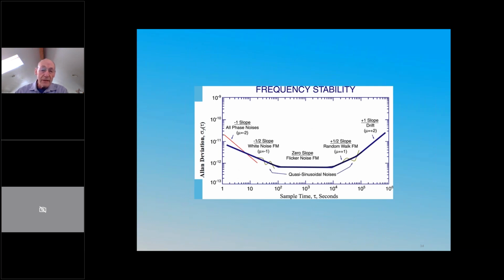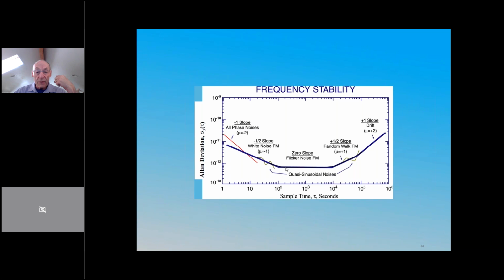So if you take the Allan deviation of noise and plot it on a log-log plot, it turns out that the slope of the Allan deviation gives you the noise type, if the noise is one of these power law spectra. If you've got white FM, the Allan deviation drops as -0.5, where the Allan variance is the square of that, so it drops as a -1 slope.